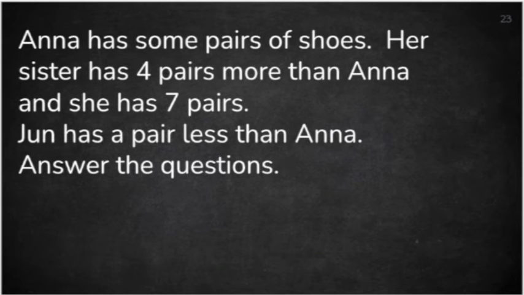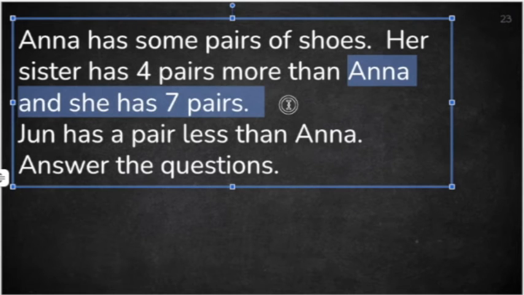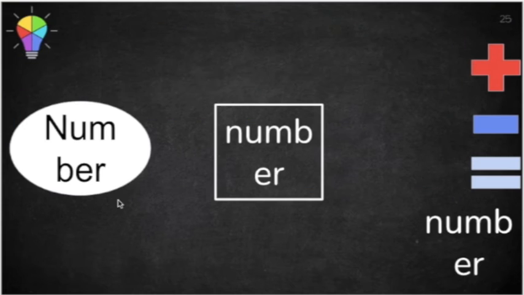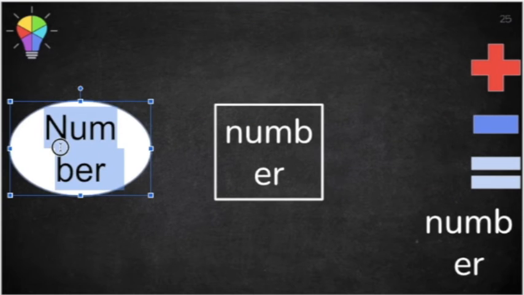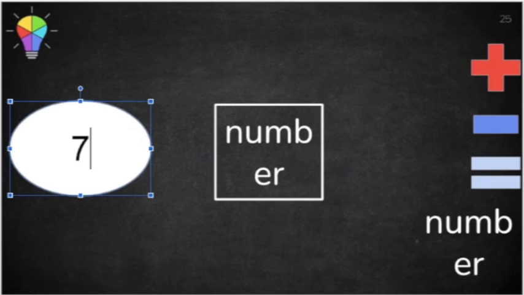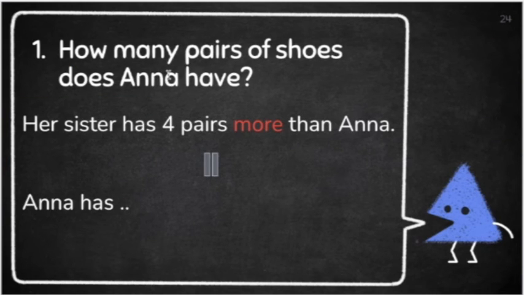So let's first remember that Anna's sister has 7 pairs, but Anna's sister has 4 pairs more than Anna. So how many does Anna have?